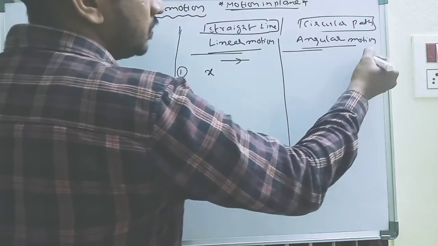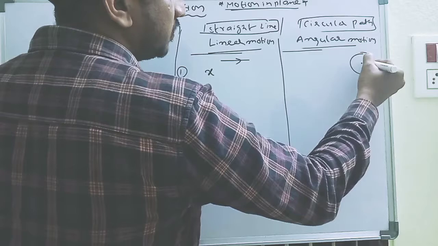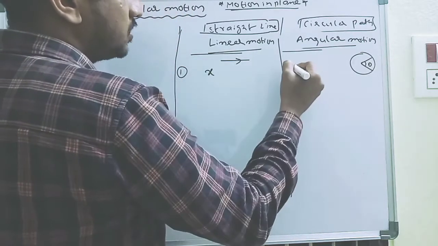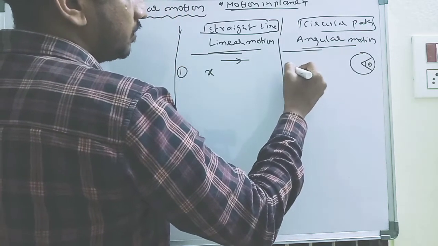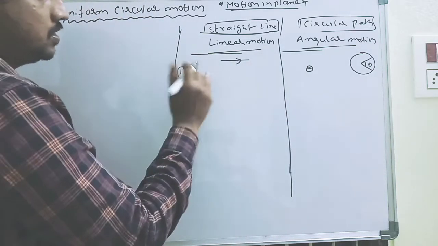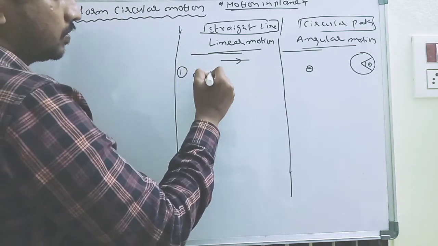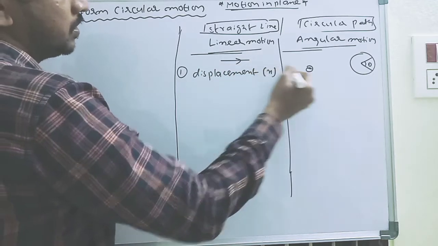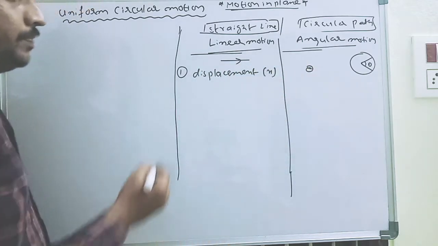Here, because this is circular motion, we use theta, the angular displacement. So for displacement we use x here and theta here.